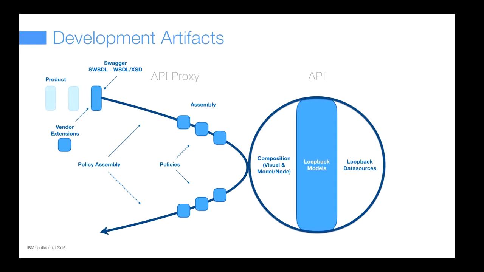That could be mediation or security, basic gateway functionality that you'd expect out of something that sits in front of your API. That has overlap with what LoopBack provides out of the box, but you can still use those things together. It really depends on what the logic of the authentication is.